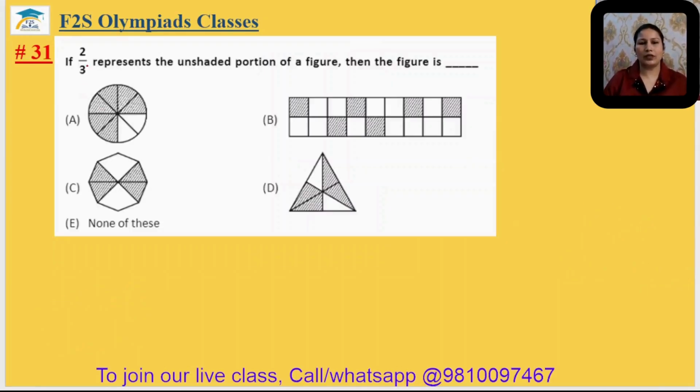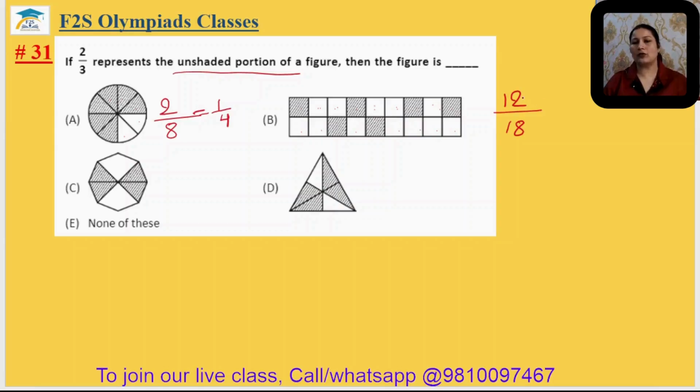Question number 31. If 2 by 3 represents the unshaded portion of the figure, then which figure is unshaded? So in the first, 2 is unshaded out of 1, 2, 3, 4, 8. 2 by 8 means 1 by 4 after simplification. Second one is your unshaded 1, 2, 3, 4, 5, 6, 7, 8, 9, 10, 11, 12. 12 will be your numerator, and the total is 9 2s are 18.